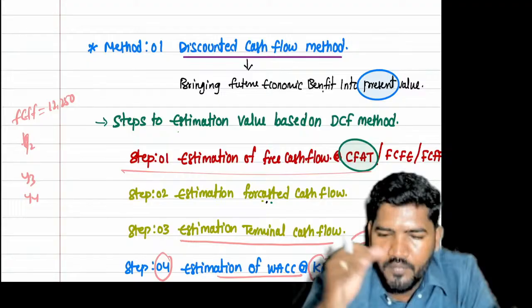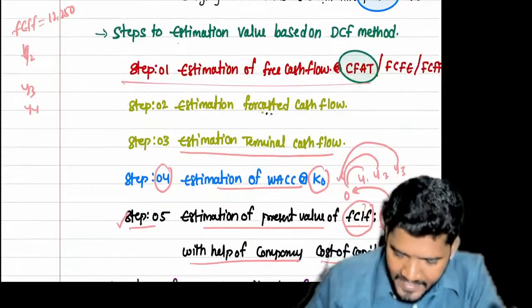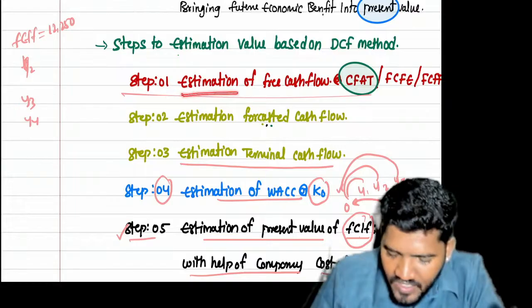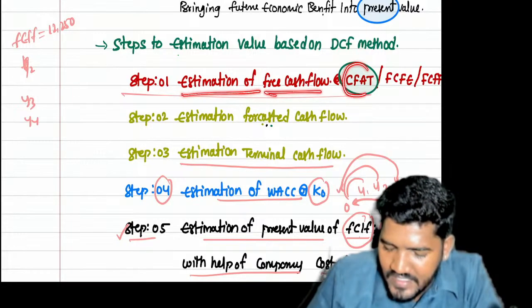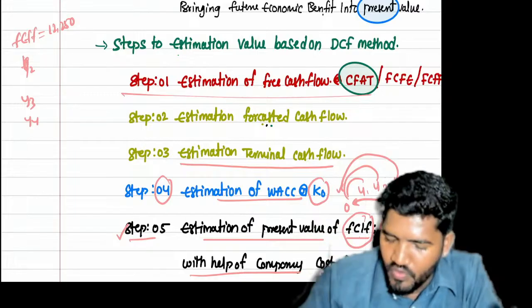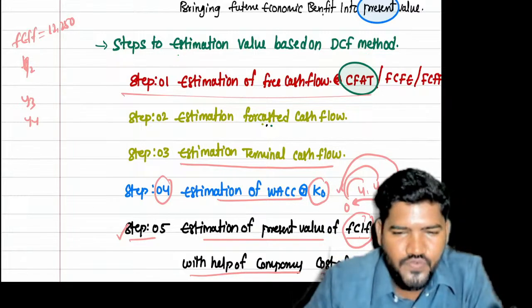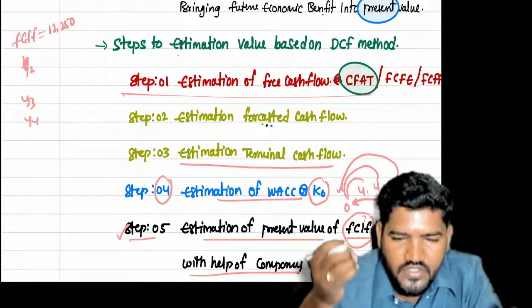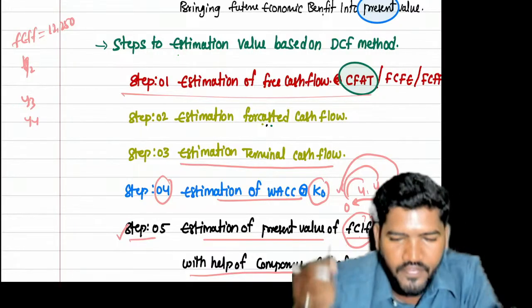For doing that process, you have to learn 5 steps. Step 1: you have to calculate the estimation of free cash flows, that is nothing but CFAT, FCFE and FCFF. CFAT means cash flows after tax. FCFE means free cash flows to equity.